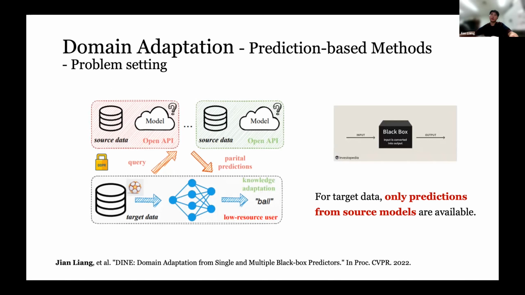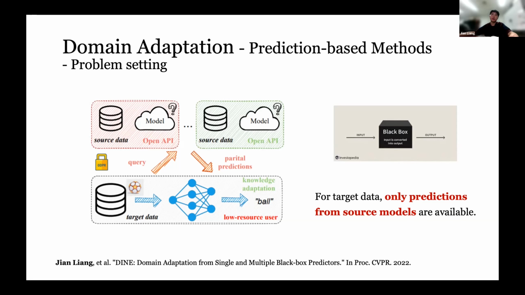As shown in this figure, unlike the methods previously introduced, here we do not have the source models as white box models. We don't know the parameters. We also don't know the type, whether ResNet or VGG or a transformer or other. We don't know this information.